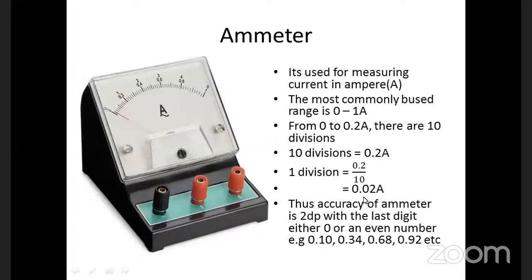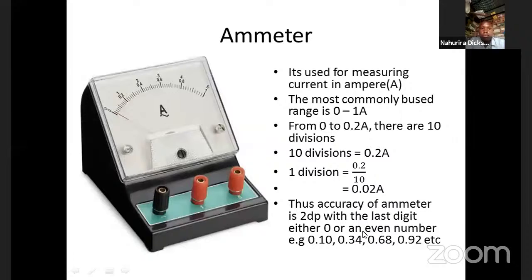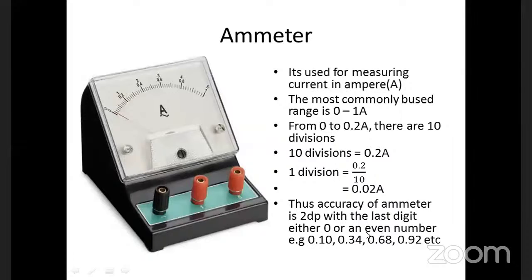Correct. So you have to bring in the last zero there, in order to cater for the accuracy, because we are saying it has to be recorded to 2 decimal places, and the last digit will either be a 0 or it will be an even number.